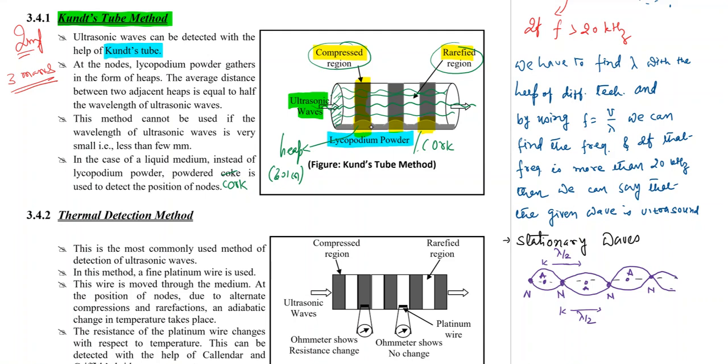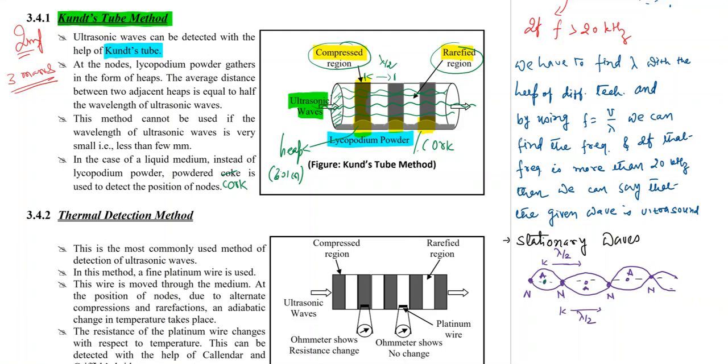So we know that where the lycopodium powder accumulates, that is the compressed region, which is equivalent to an antinodal point. And then there is no powder, or very little powder, in the region after it, and again there is one region where the powder density increases and we get a heap. So the distance between two consecutive heaps is equal to lambda by 2.